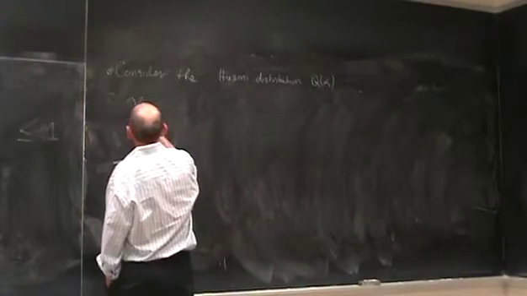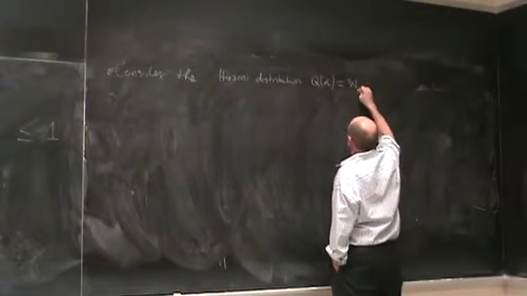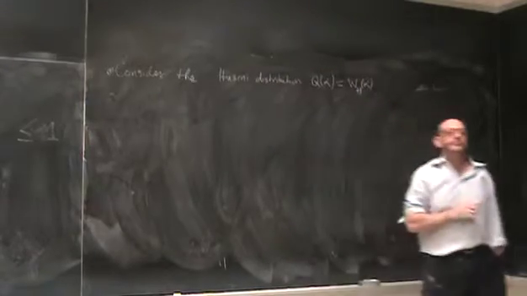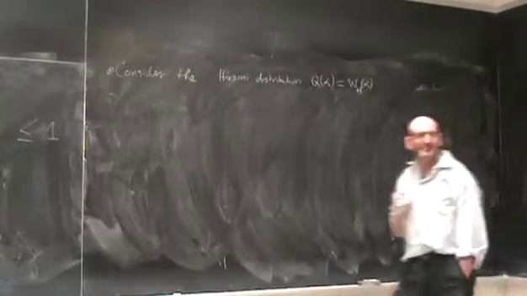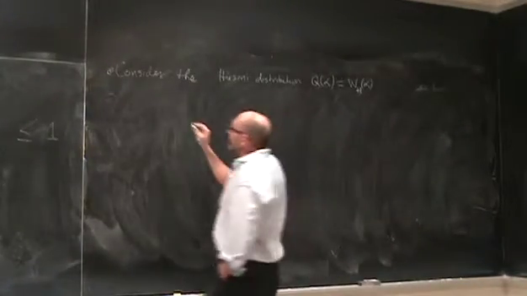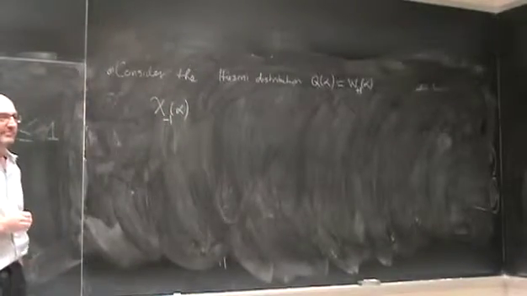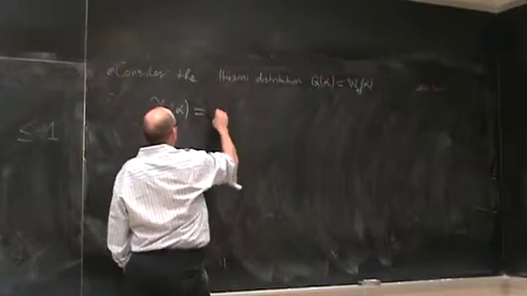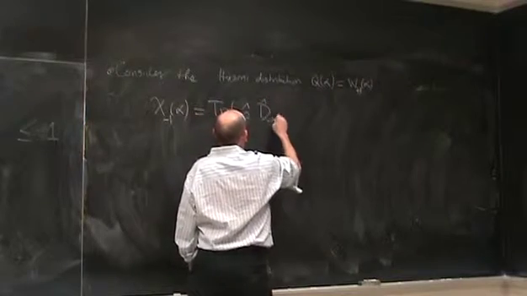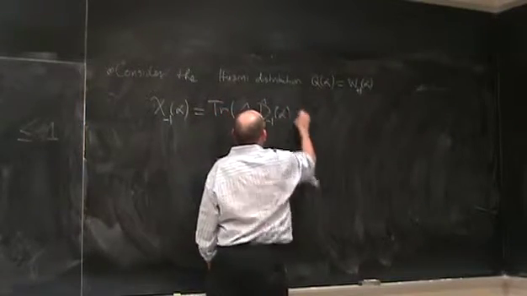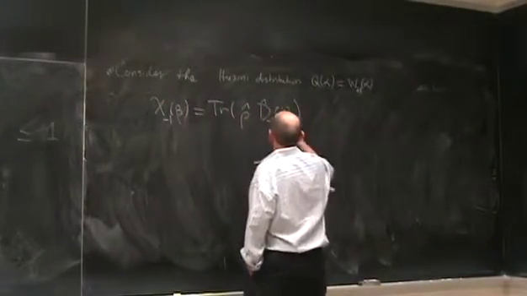Remember Q is the normally ordered representation, right? So the characteristic function we need to look at is this one, which is equal to the trace of rho with D minus 1 of alpha, or beta, whatever, doesn't matter. It's a dummy.